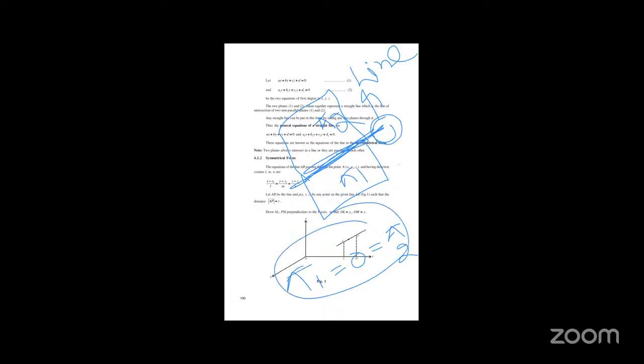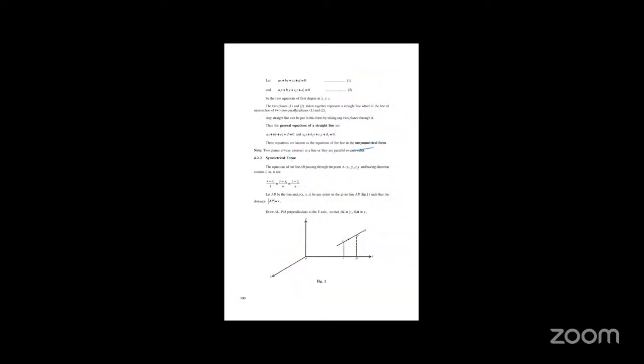This is called the unsymmetrical form, and the earlier one is the symmetrical form of the line equations. Now let's do some problems about that.